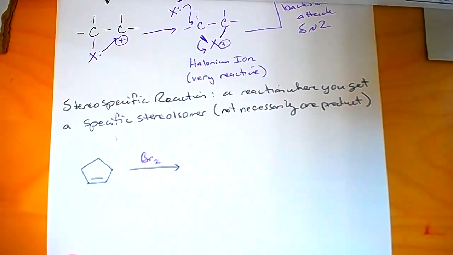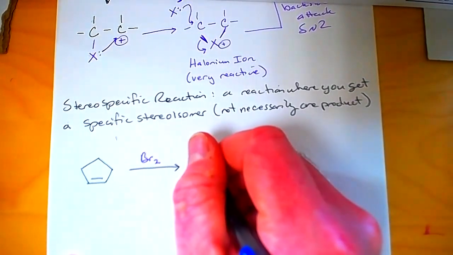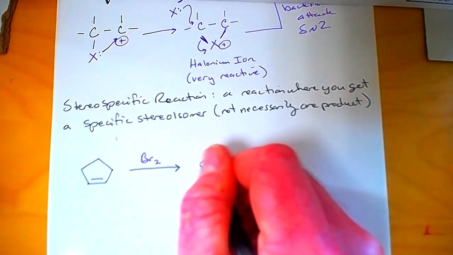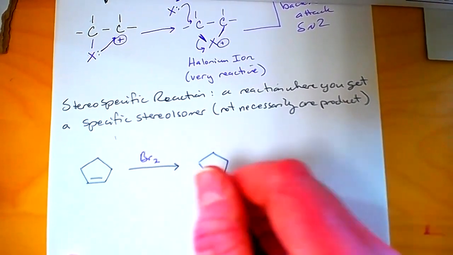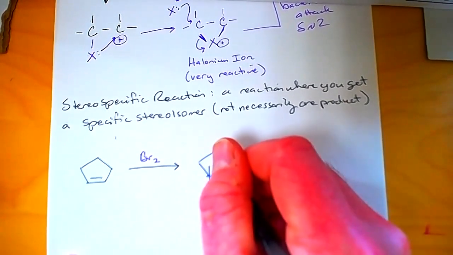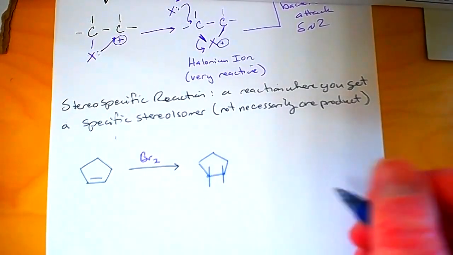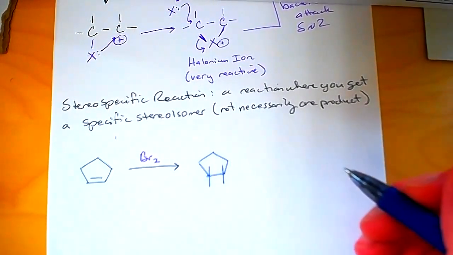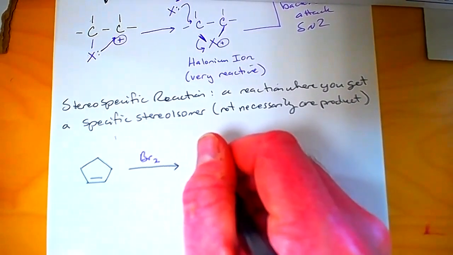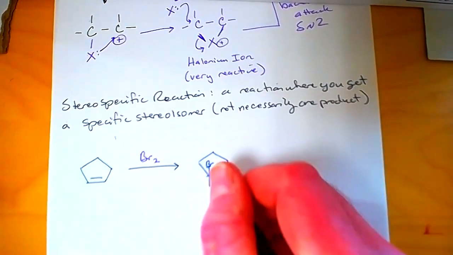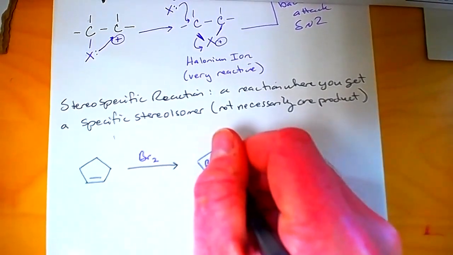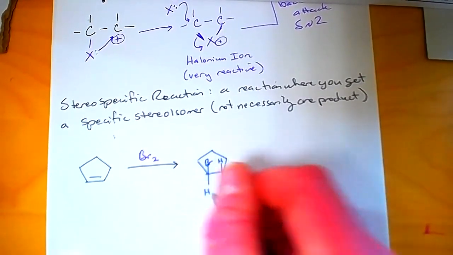What you would expect to see here is, in fact, one isomer. I'm going to draw this where you can kind of see these in a Fischer type projection, where you have one bromine up and one bromine down. So you have this particular isomer.